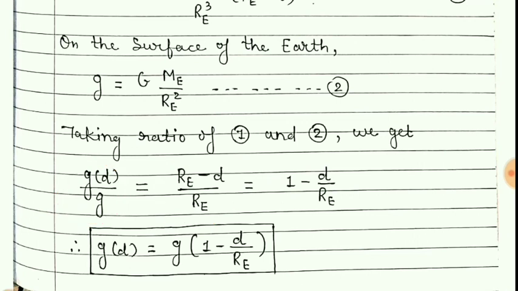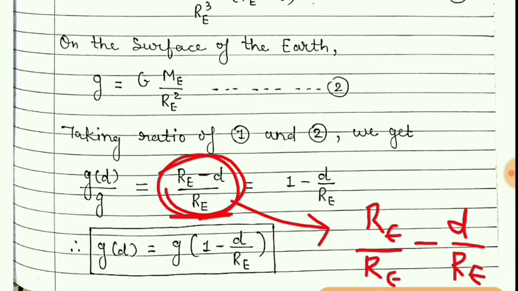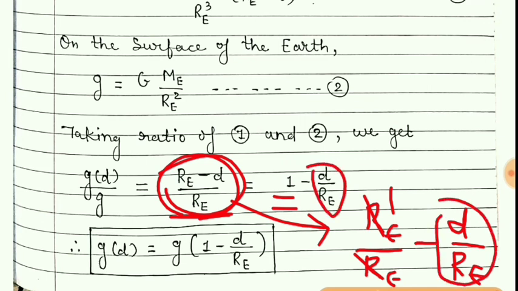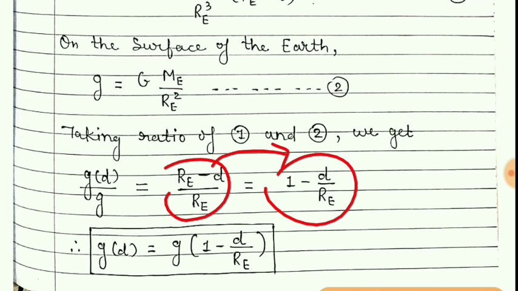Now just separate these terms, that is the reverse process of LCM. Let me show you. We can write this as R_e upon R_e minus d upon R_e. R_e will cancel and what remains is 1. So it is here. And here d upon R_e, which is here. So after this step we can write it like this.